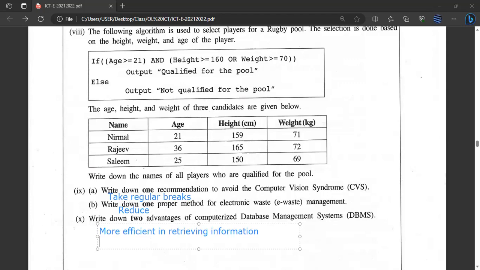So the second one we can say is easy to obtain copies. Right.